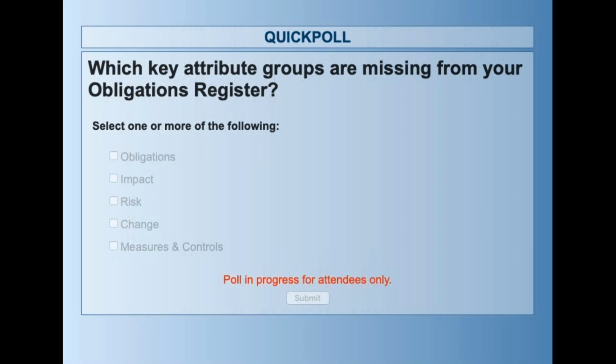I'm seeing some responses come in, and people are saying obligations are missing from their obligations register. So we've seen at Mnemonic so many different registers over the years. Some have been extraordinarily complex, with just Excel files with sheets and sheets and sheets and all sorts of things, all interlinked.